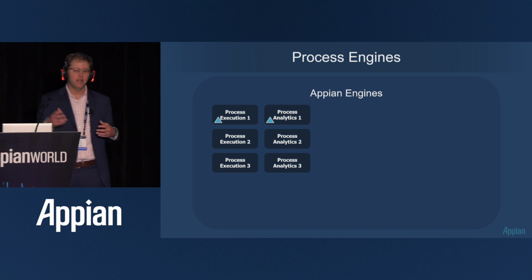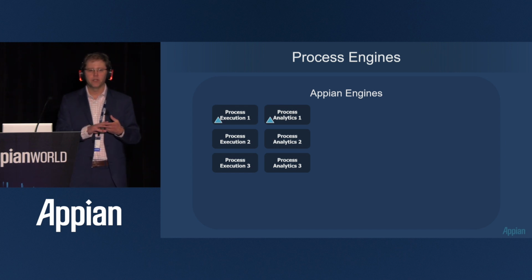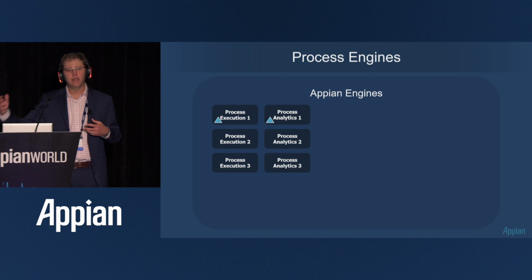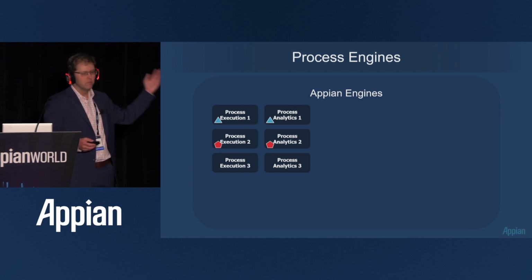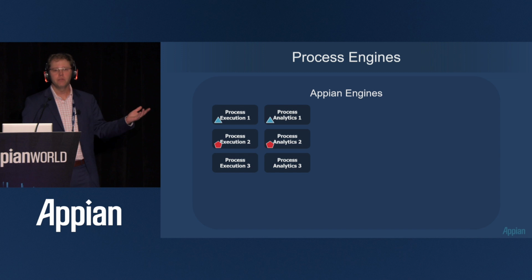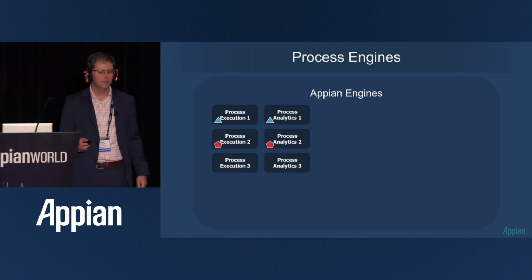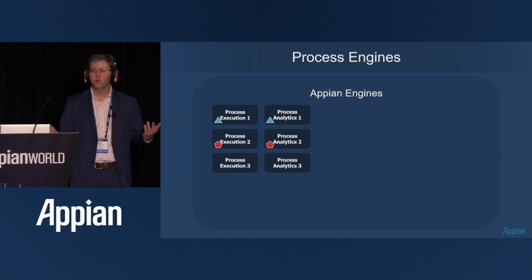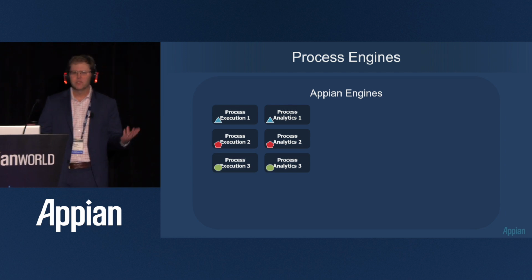And elements of data, some process variables, process metrics, that type of thing, are replicated over to that corresponding process analytics engine. Same happens when you start a next process. So that will start on process execution 2, let's say, and replicate its data over to process analytics for reporting purposes, and so on like that.